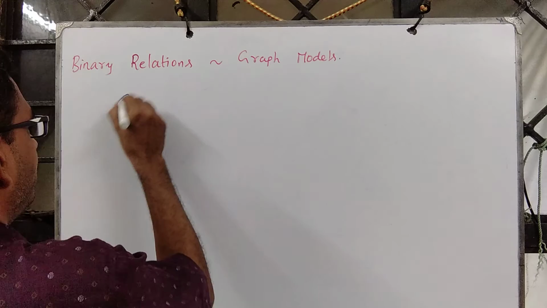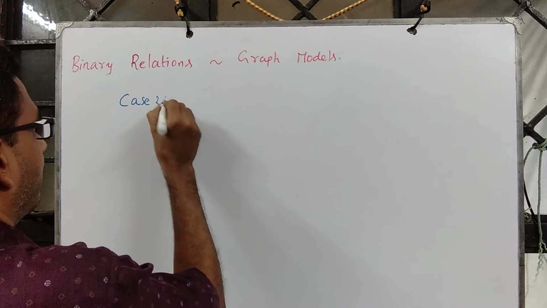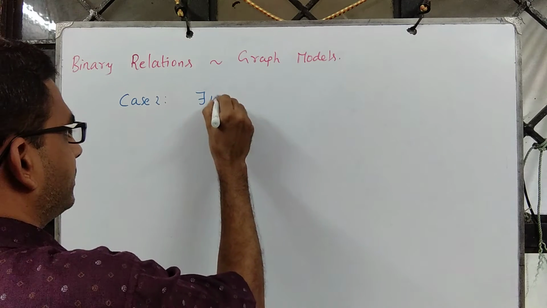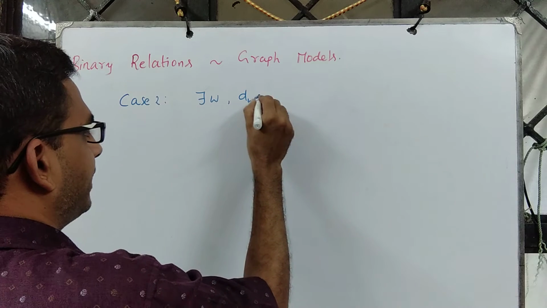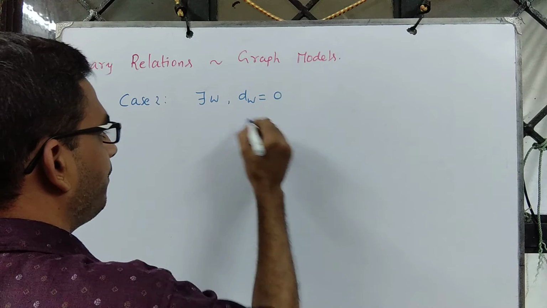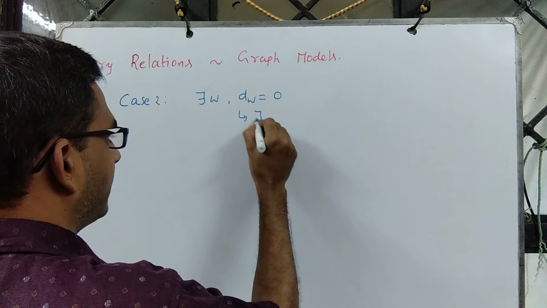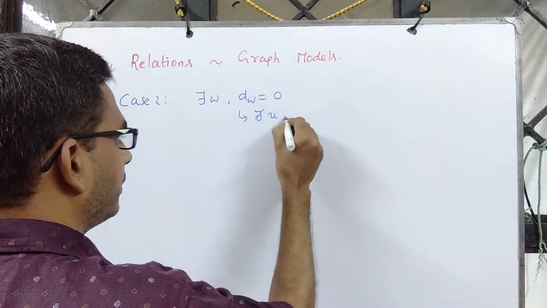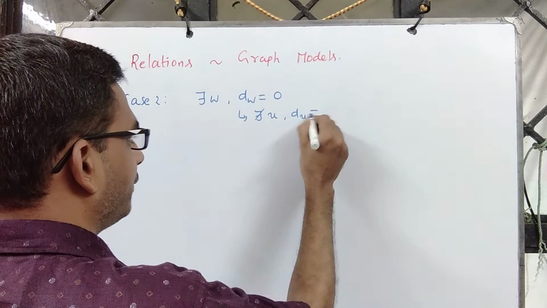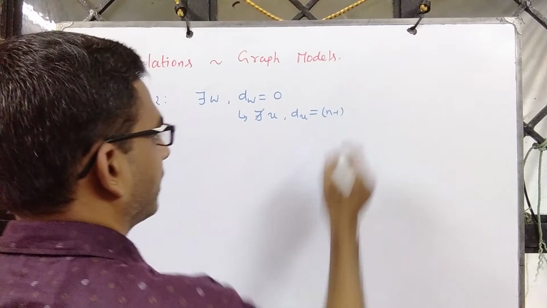For case 2, we see that there exists W such that degree of W is 0. Then we know that there does not exist U such that degree of U is n minus 1.